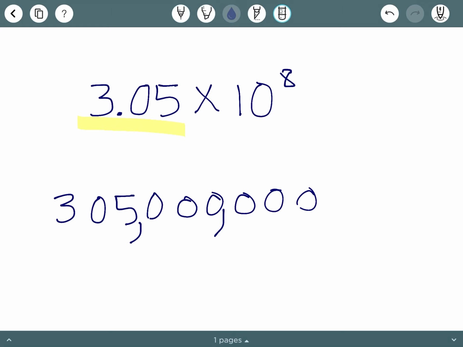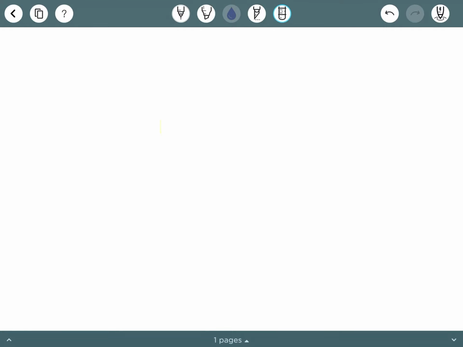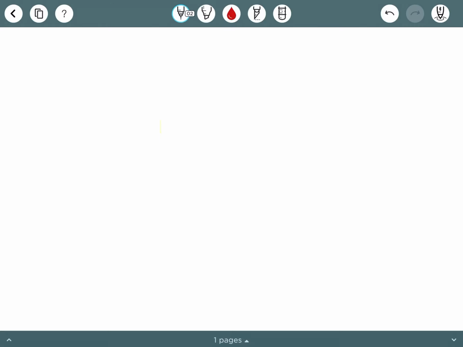All right, let's try that one more time, but with a negative exponent. And again, what you can do is you can try this on your own and then pause the video and then compare your answer to my answer.